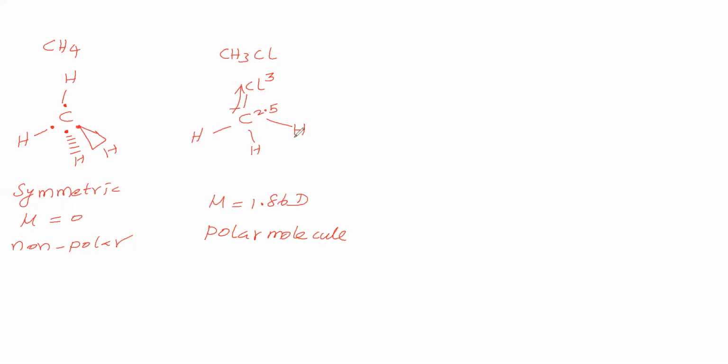Next, another hydrogen is replaced by Cl. So we will get CH2Cl2. Here we can write Cl, here hydrogen, here Cl. For this the dipole moment is like this.